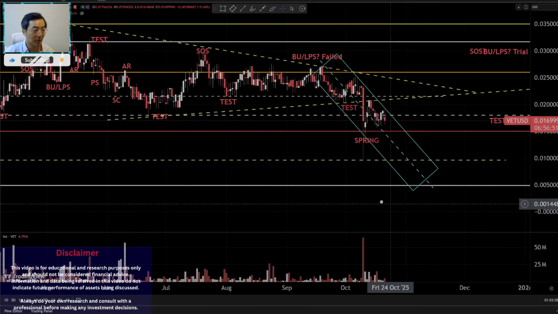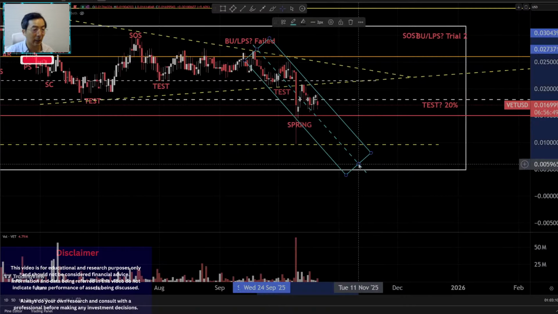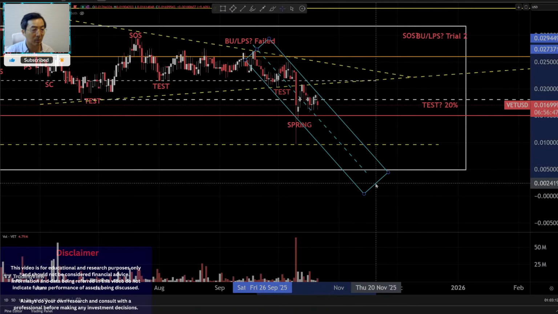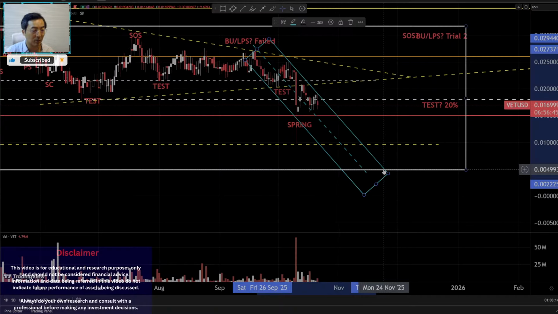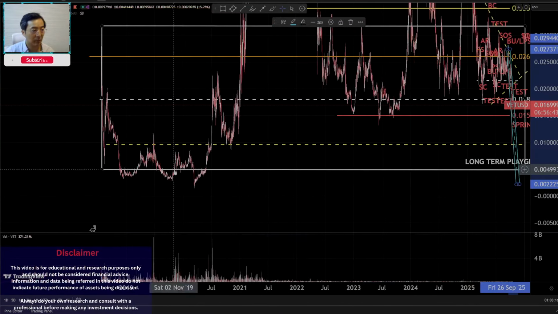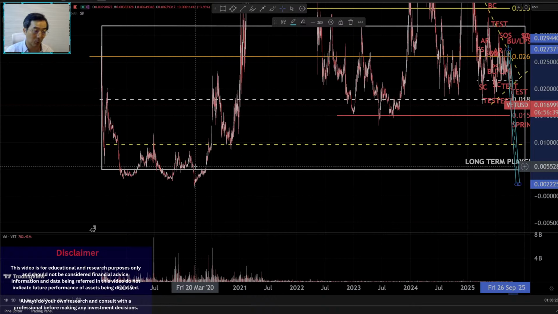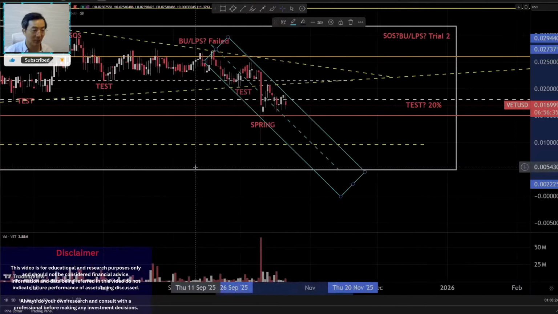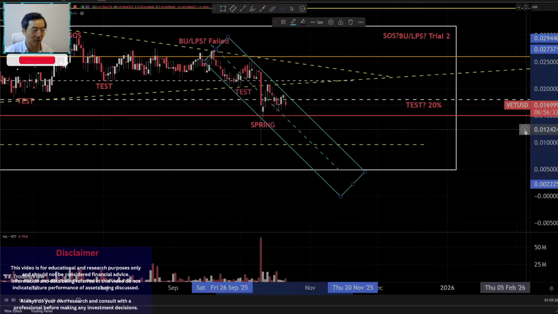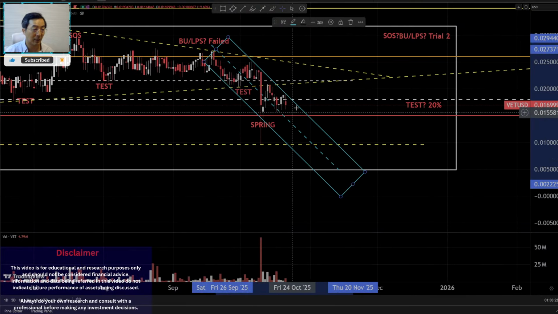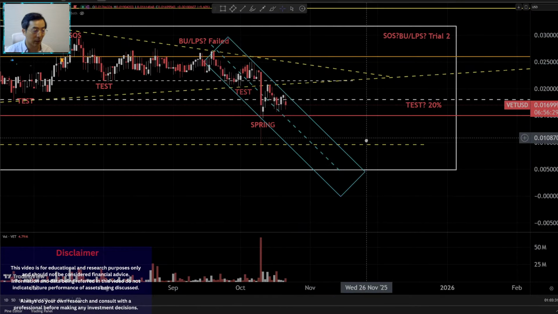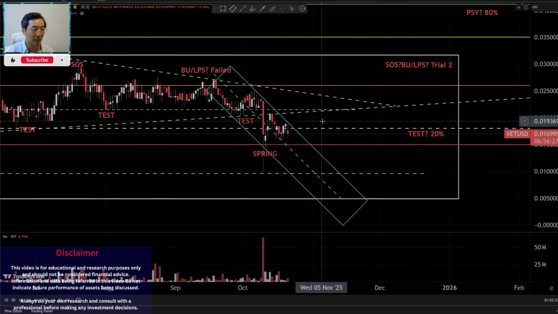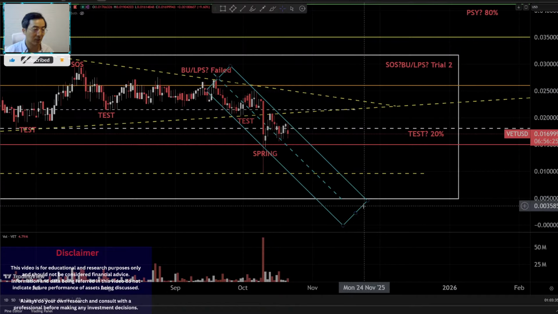Hopefully the downward channel doesn't extend all the way to the bottom of this long-term playground zone. You see what happened back in here. That was 2019-2020. We obviously don't want Vchain to get to that 6 years ago level. But as long as this downward trend isn't broken, there's still a chance for this to happen.